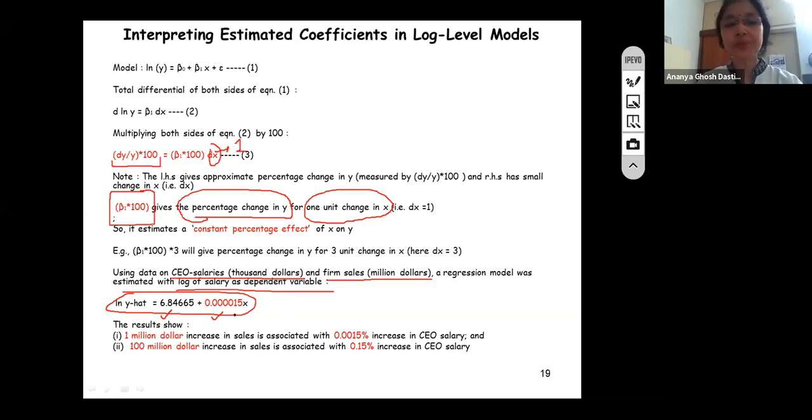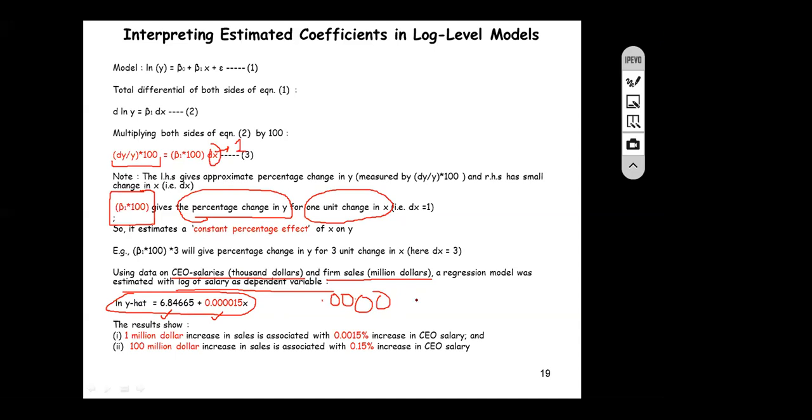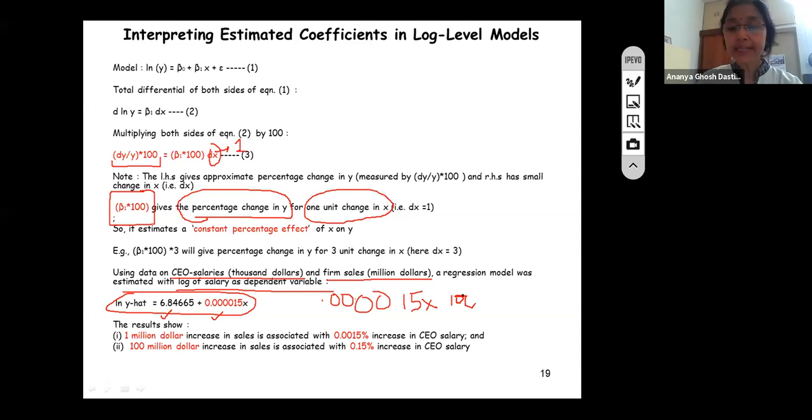Look at my rule. I will take the beta hat, 0.000015, and multiply it by 100. Why am I doing that? Because that's what I just saw.